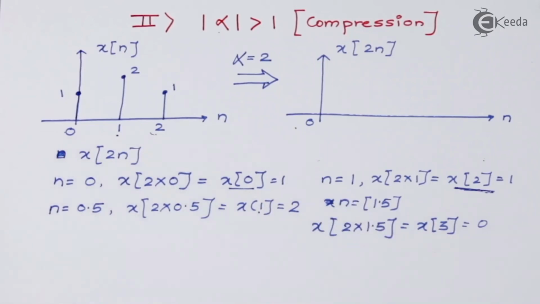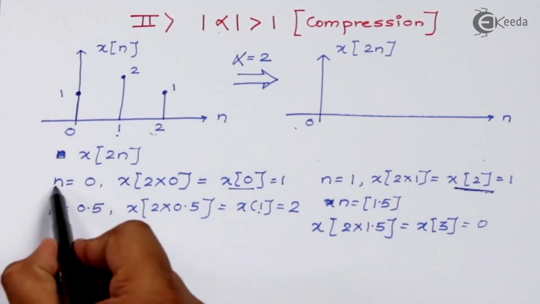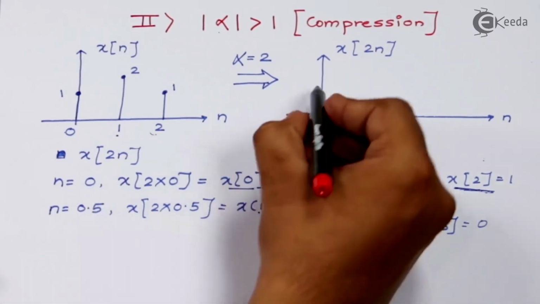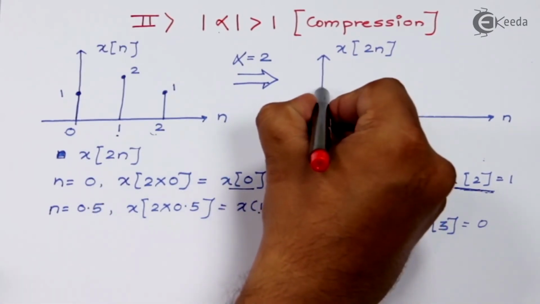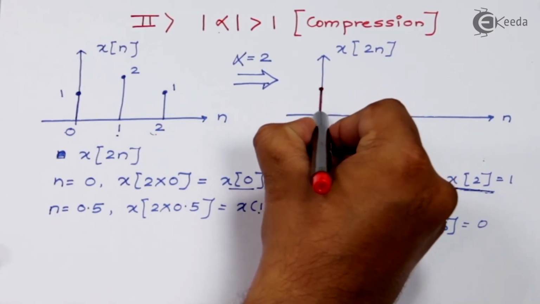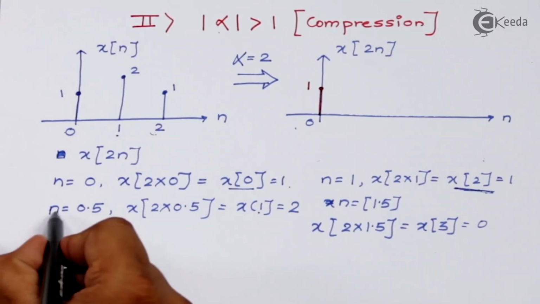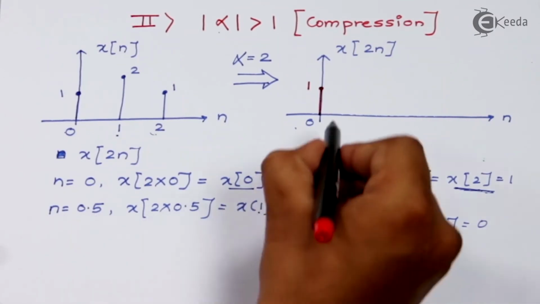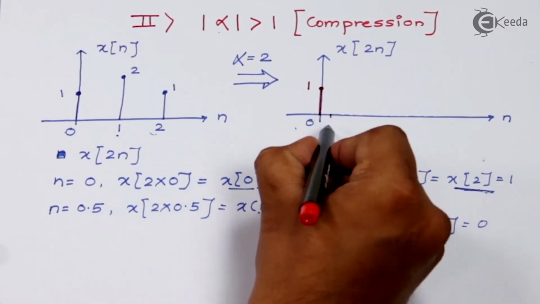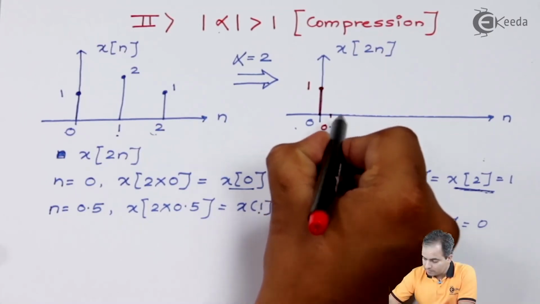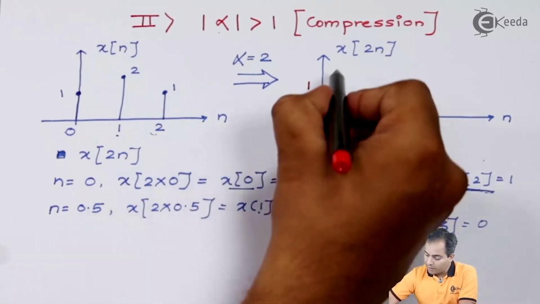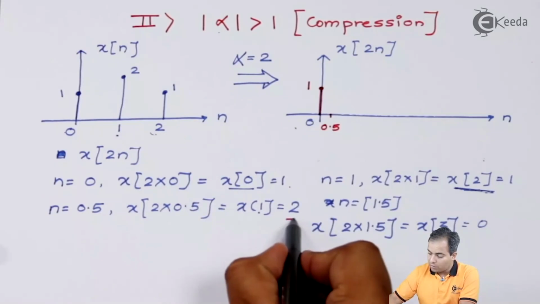Now we will plot the graph for all these samples. So n equals to 0, amplitude is 1. So here I am going to write n equals to 0, amplitude is 1. Now if I substitute n equals to 0.5, amplitude is 2. So let's say 0.5 is over here, and at n equals to 0.5 you have amplitude 2.